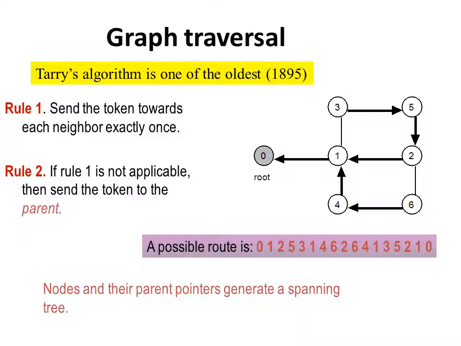So you could be given a graph like the one that is shown in the slide here, and you can be asked for a possible route that you can follow using Tarry's algorithm, and what is the tree that you end up with after following that route. So that is a possible question.